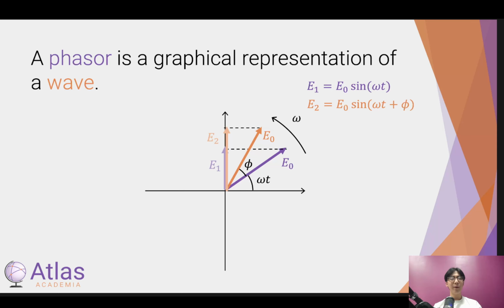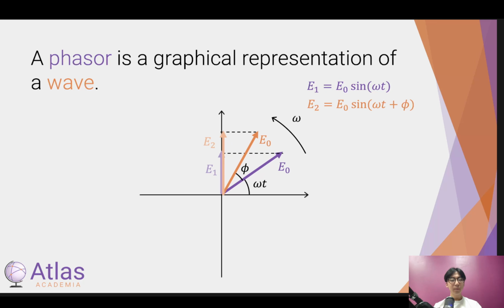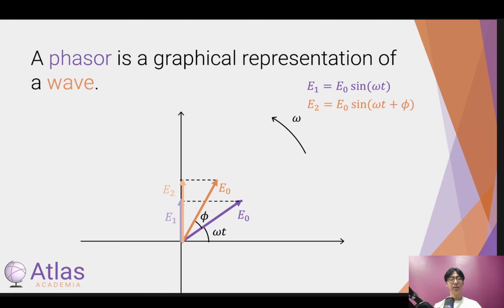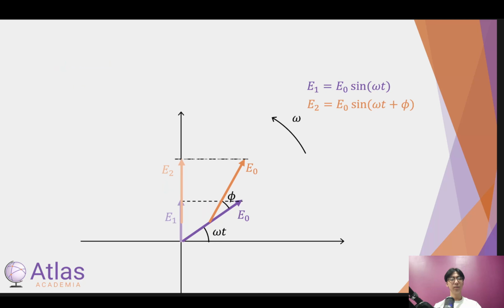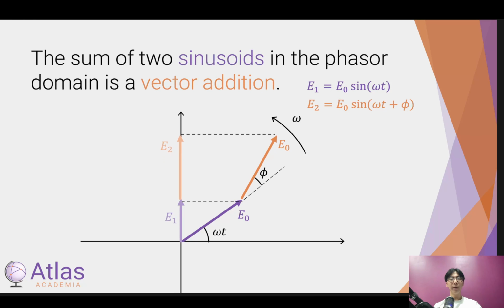But by representing them as phasors, we've just turned this algebraic problem that requires tricky trigonometry into a vector addition. That is to say, what the problem is now is this. And so we can add these vectors together, and the resultant vector is this.